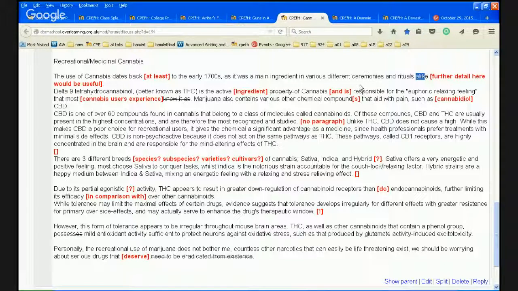But you have to make sure to have the expansion in there initially. And I did the same thing down here where you jumped into CBD without an expansion. So I looked it up: cannabidiol, CBD. And I should have put it in parentheses afterwards.